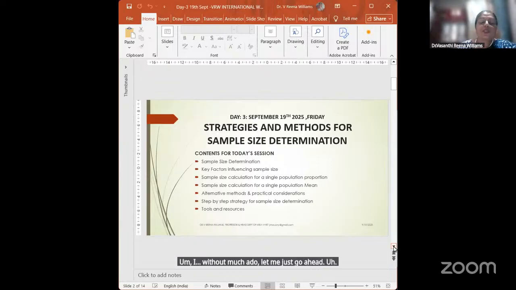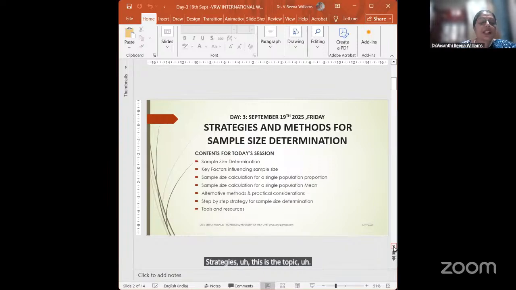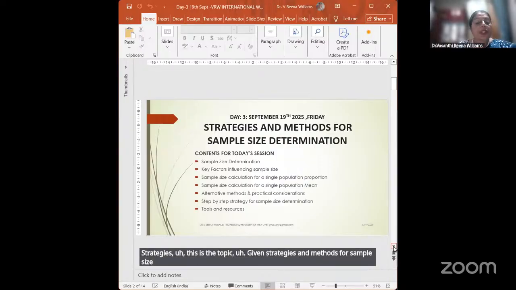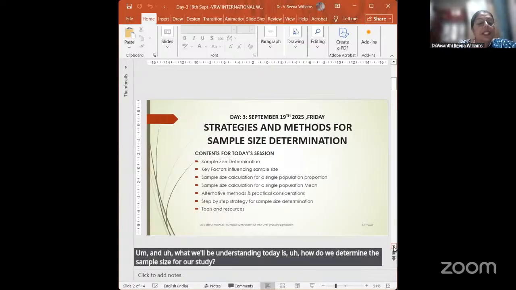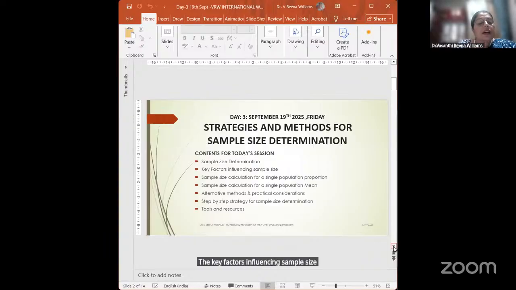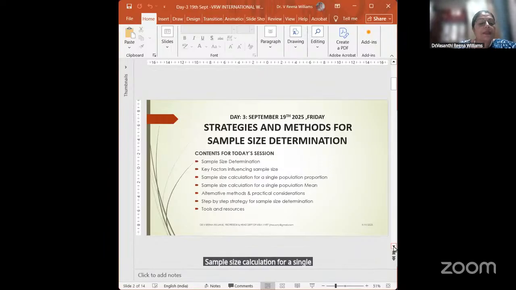These are the contents for today's session. Strategies and methods for sample size determination, this is the topic given. What we will be understanding today is how do we determine the sample size for our study, the key factors influencing sample size calculation for a single population proportion, sample size calculation for a single population mean, and the alternative methods and practical considerations, and then finally a gist of the whole thing, that is a step-by-step strategy for sample size determination.